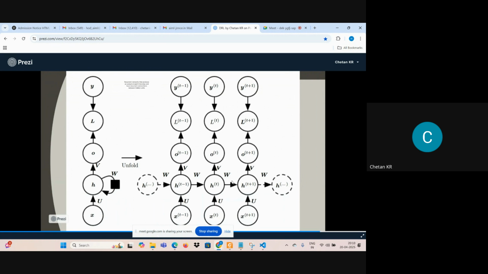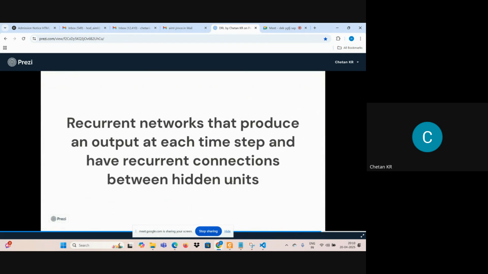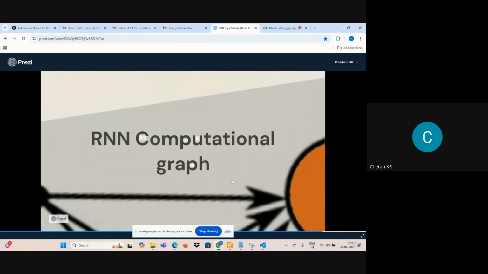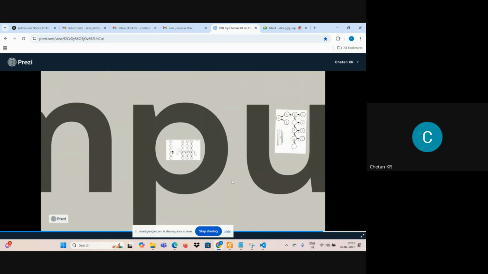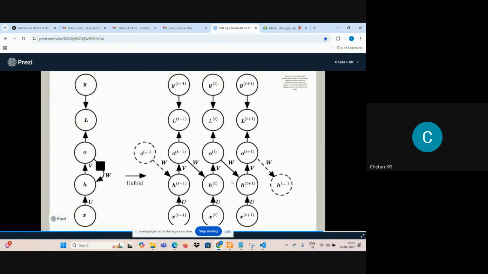Let us see the second case of unfolding computation in RNN. Here, instead of having connections between the hidden units, the previous output is connected to the current hidden. To find the current hidden, as earlier, you use the current input, and earlier it was the previous hidden, but now it is the previous output only.